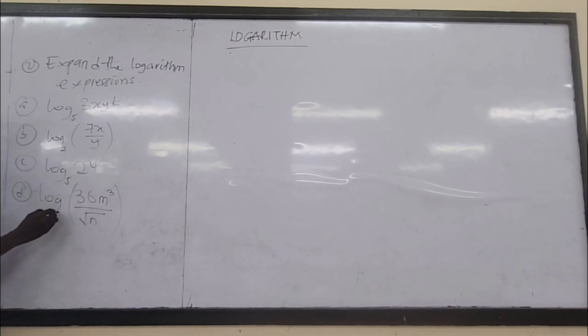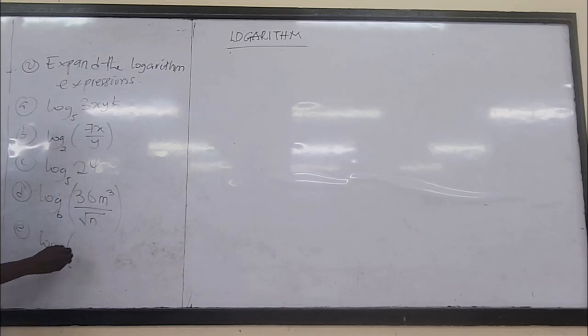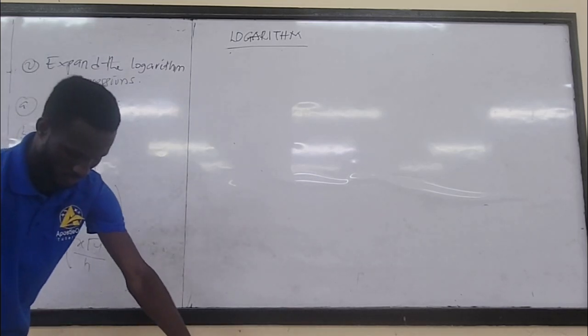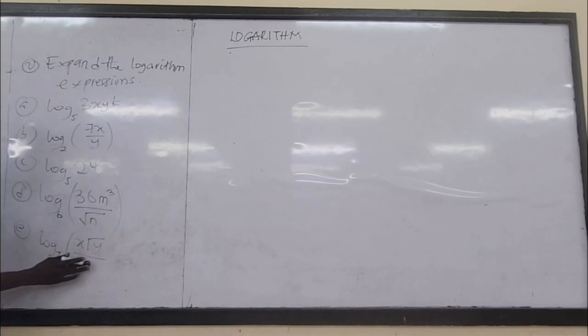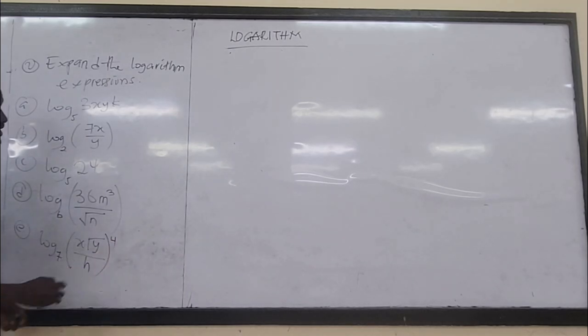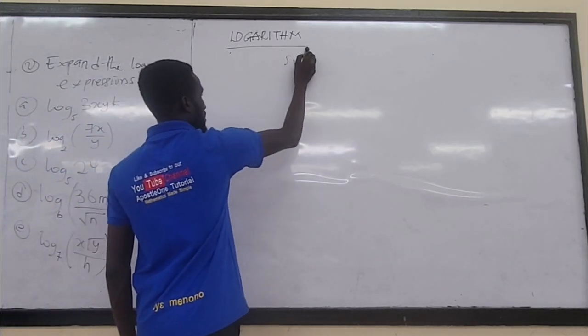Now in the last one, e, we have log base 7 of x with y, all divided by h, all exponent 4. Now we are solving this one fast.